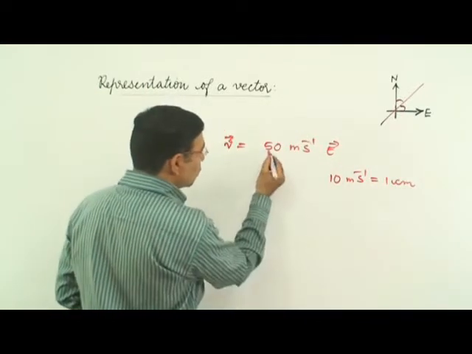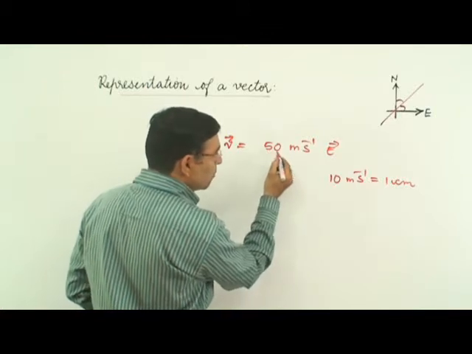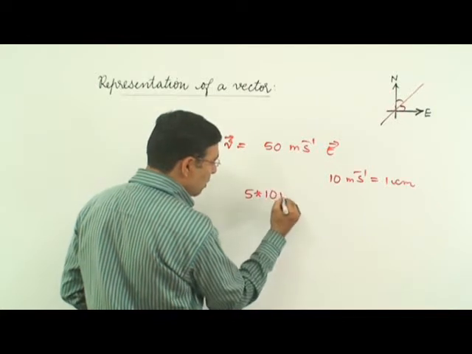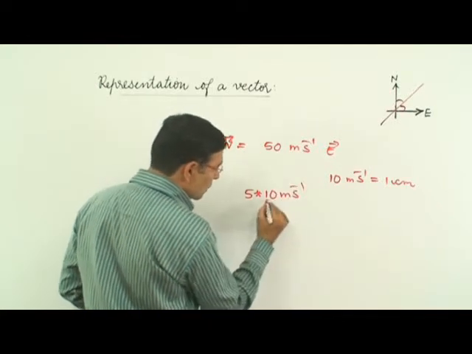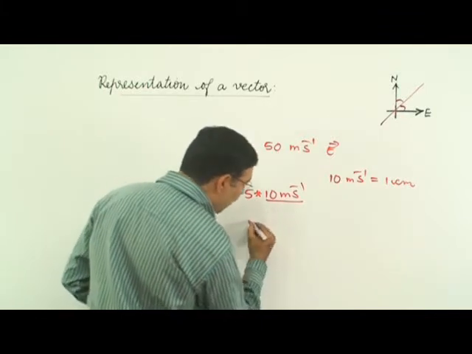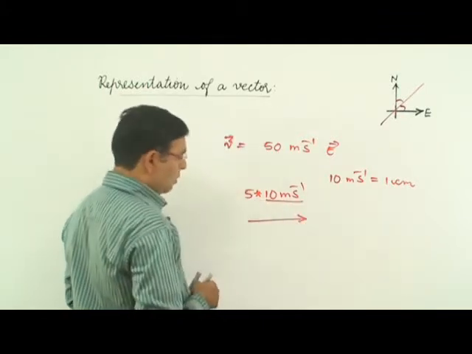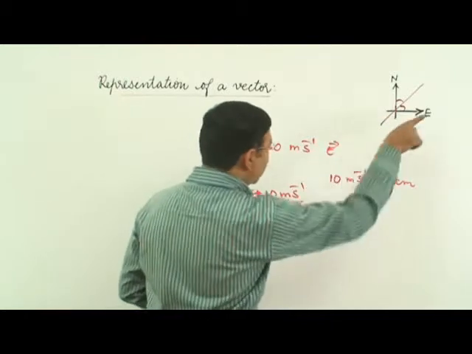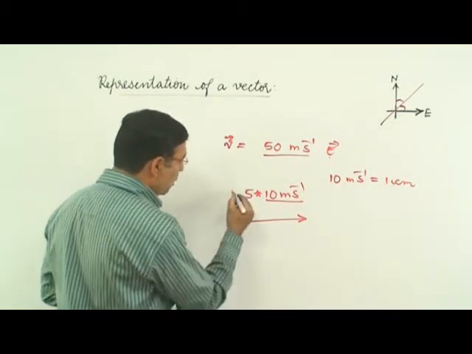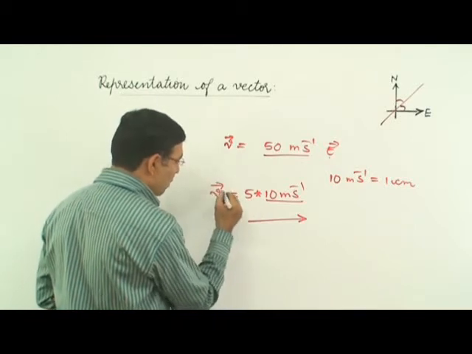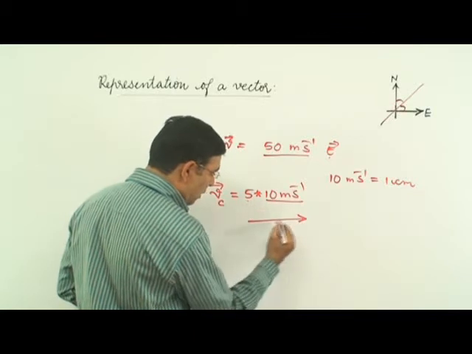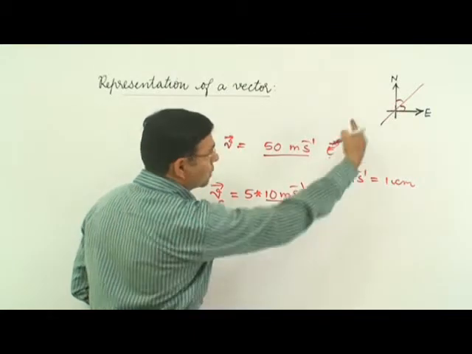So now this 50 meter per second is going to be 5 times 10 meter per second. We are calling that 1 centimeter. So this will be 5 into 1 centimeter, a 5 centimeter long line, and direction should be towards east, because this is the magnitude and this is the direction of velocity of a car. So the velocity of this car is a 5 centimeter long line here, and this direction is towards east.